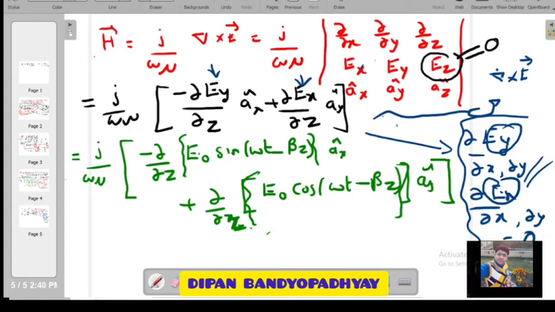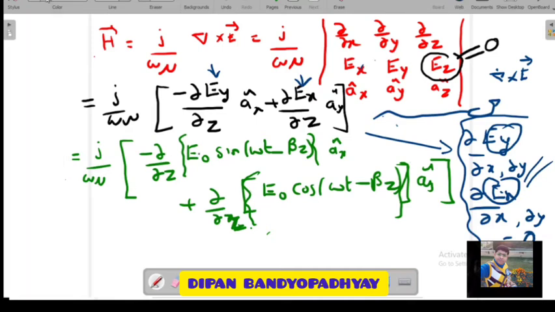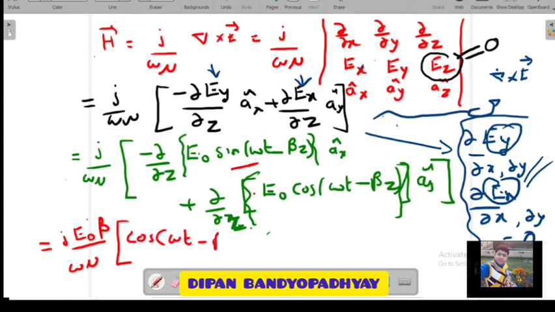Now if you differentiate this with respect to z, and this with respect to z, what do you have? Sine function, if you differentiate, you will get cos, and since we are differentiating with respect to z, a minus beta term will come out. So we will have E naught beta, j is already there, omega mu, and this will be basically cos omega t minus beta z, along the ax direction.